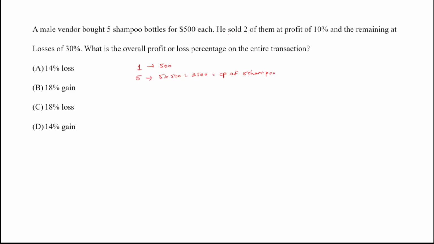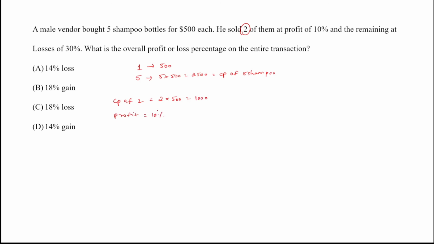And then he sold 2 of them at profit of 10%. At first we need to know the cost price of these 2 shampoo bottles. That is cost price of 2 shampoo bottles equals to 2 into 500, which is equals to 1000. And then the vendor got the profit of 10 percentage.